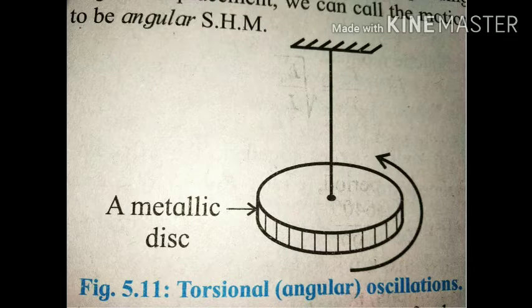And the path of oscillatory motion of the disc is curved, and therefore this is an example of angular simple harmonic motion.